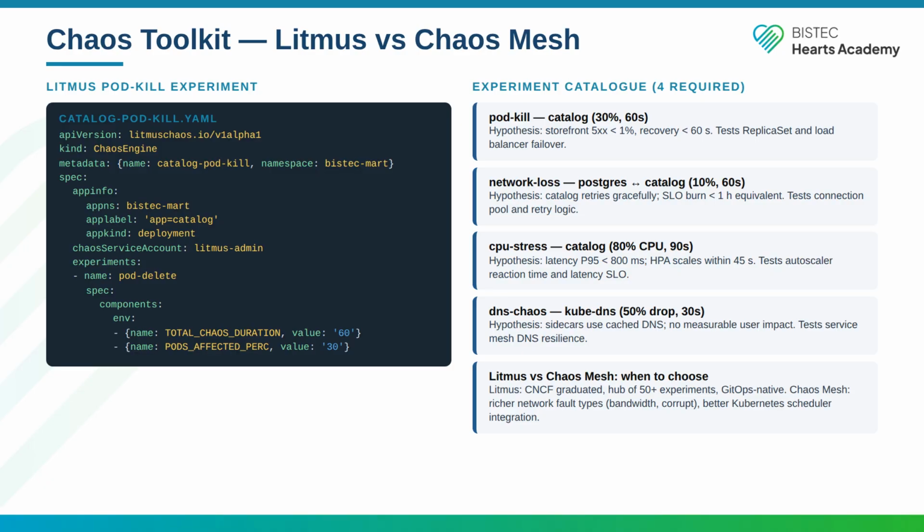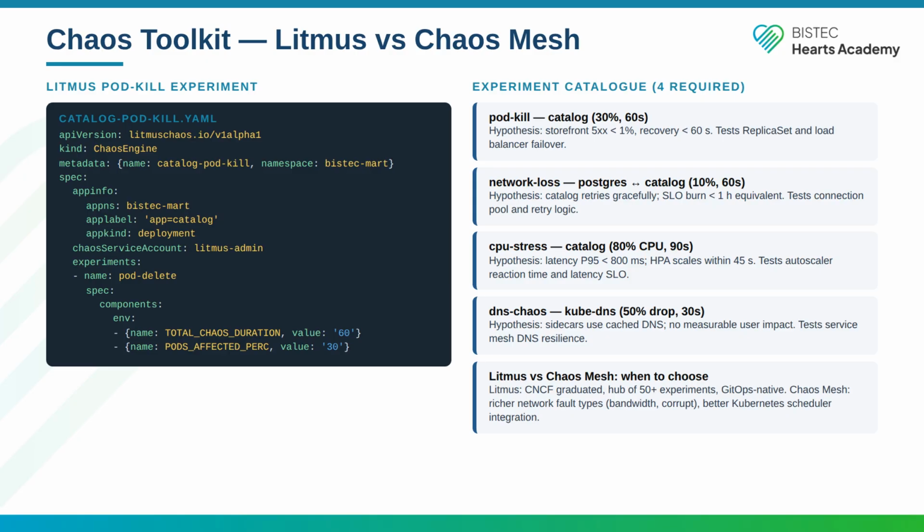The CPU stress experiment uses stress-ng inside the target pod, 80% CPU for 60 seconds, enough to trigger HPA scaling and test whether latency P95 stays under 800 milliseconds versus the 300 millisecond steady state. If HPA doesn't scale fast enough, or if a conflicting vertical pod autoscaler is present, this experiment will tell you.